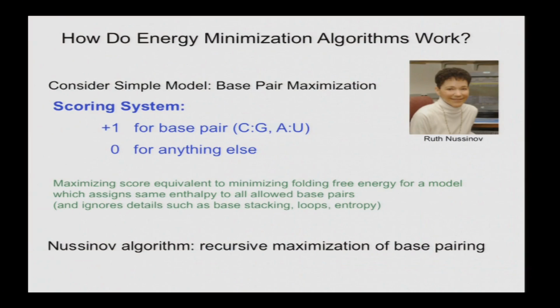Okay, so the earliest approaches were approaches that sought to maximize the number of base pairs. So they basically ignore entropy and focus on the enthalpy that you gain from forming base pairs. Ruth Nussinov described the first algorithm to figure out the maximum number of base pairs that you can form in an RNA, okay?